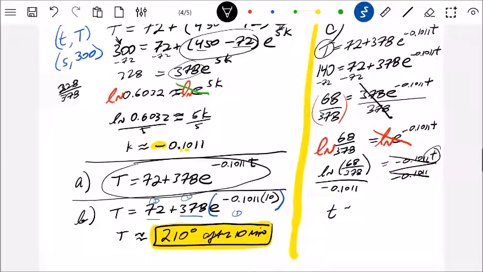So t is approximately, when you do all that calculation, take the natural log of this number and divide it by negative 0.1011, you get approximately 16.967, which is very close to 17. So this is approximately 17 minutes to get to 140 degrees.